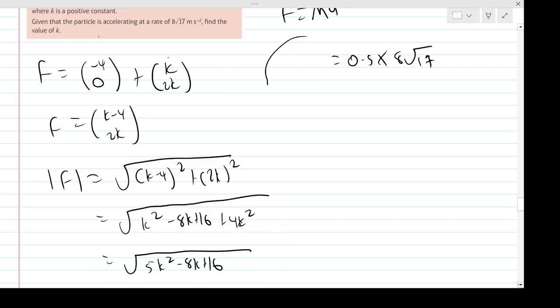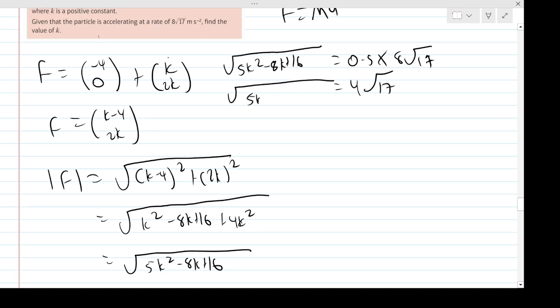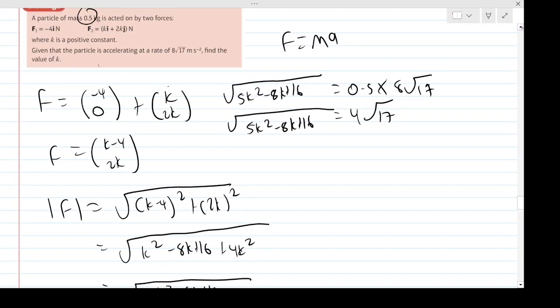So if I substitute that into F equals ma, what we're going to get is root 5k squared minus 8k plus 16 equals this here. If I then simplify it, 0.5 times 8 root 17 is going to be 4 root 17. So root 5k squared minus 8k plus 16 equals 4 root 17. Hopefully you're with me up to here.